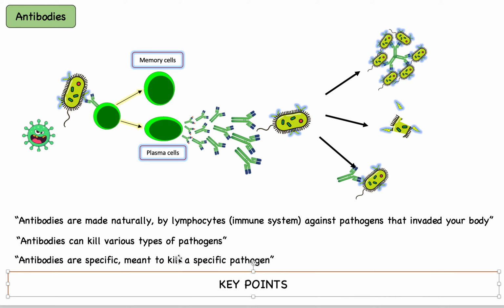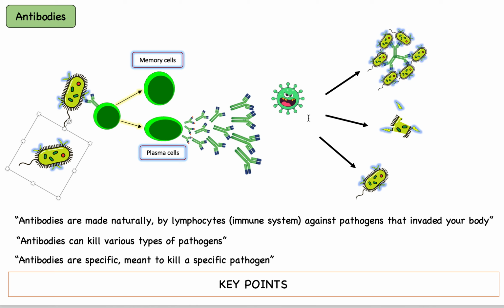And what I mean by killing a specific pathogen is that when this lymphocyte binds this specific pathogen, these antibodies produced will only be able to kill the pathogen that it binds to originally. So this antibody will not be able to kill this pathogen because this pathogen is not the same pathogen that the lymphocyte originally bound to, okay? So that's what I meant by they kill a specific pathogen.